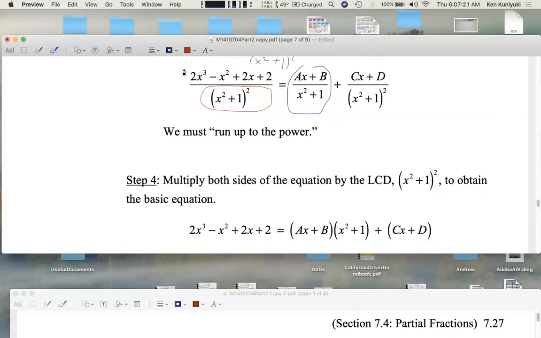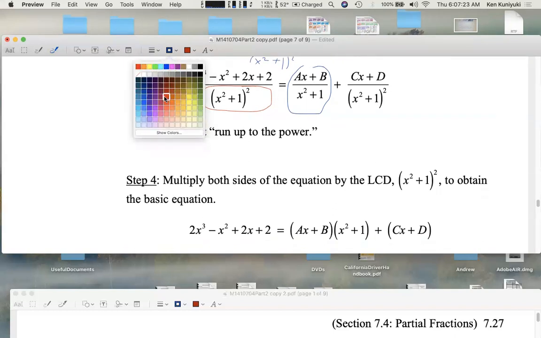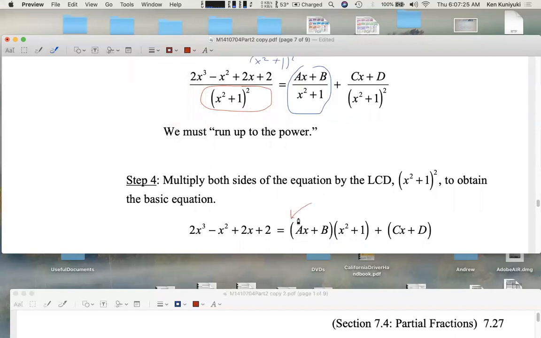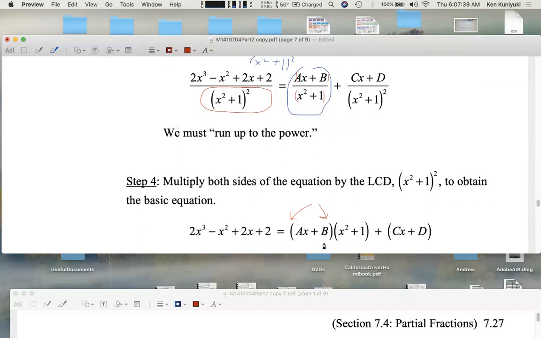But remember, folks, you need grouping symbols. You're multiplying all of ax plus b. Remember, the fraction bar implicitly groups its top and its bottom. Here we didn't need the parentheses so much. Here we need the parentheses. It's the quantity ax plus b times the quantity x squared plus 1. You need parentheses around both these factors.